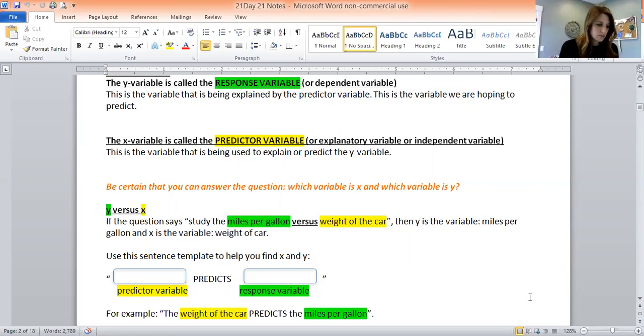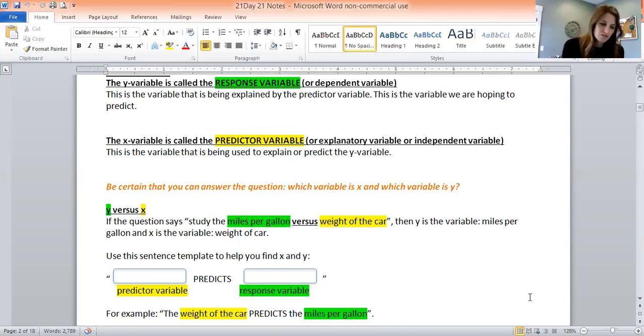Now, what I want you to think about today, we're going to study simple linear regression. I shorten that to SLR, and all that means is that I have one y, which is my response variable, and one x, predictor variable. When we get into chapter 14, which is the new material, we will get into multiple x, and that will be called multiple linear regression.